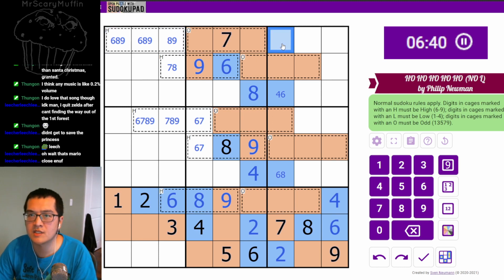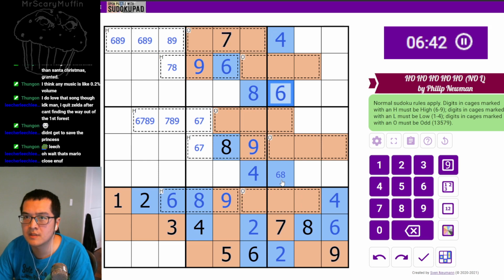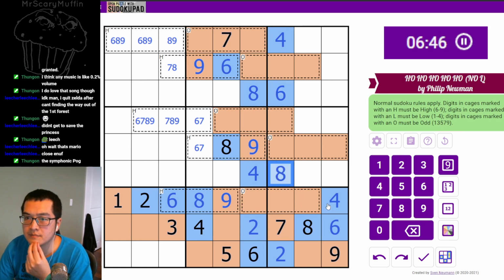Oxidator here, so that's actually a 4, that's a 6. That's 8. 2s, are you helpful at all?